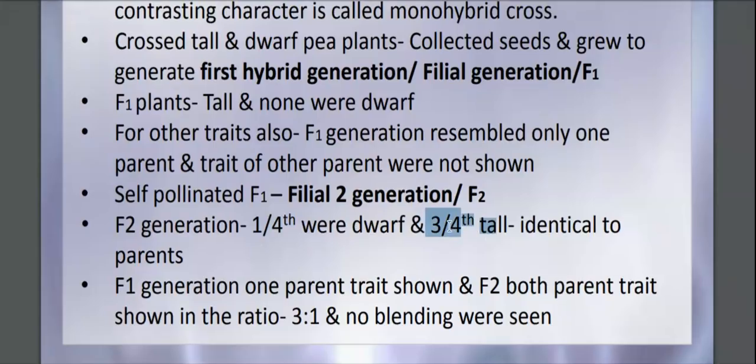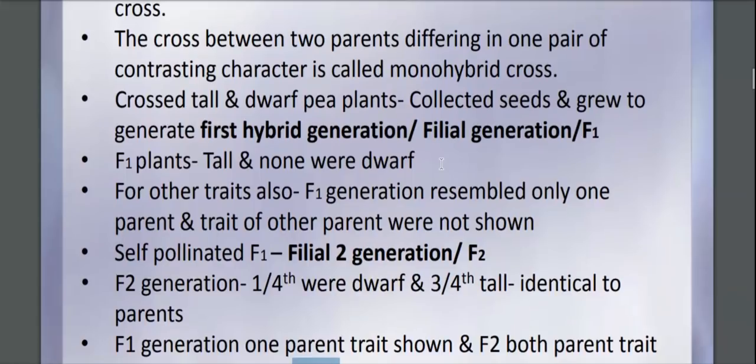That means 3 out of the 4 plants were tall or dominant, and 1 out of the 4 plants were dwarf. I hope you're getting this. It's not that he got only 4 plants. This is a ratio. So if he got 100 plants, 75% were tall, like one of the parents, and 25% were dwarf, like the other parent. This ratio is important. It's called the monohybrid ratio.